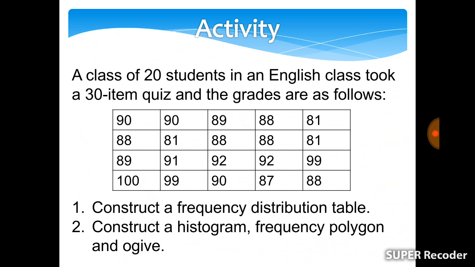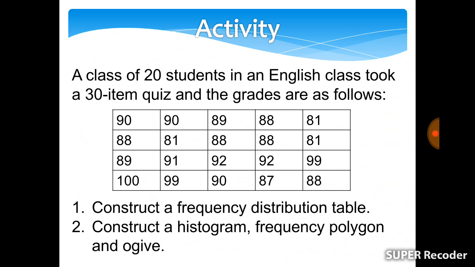For your activity, you can do this on your own. This is just to check your understanding. Here we have a class of 20 students in an English class, a 30-item quiz, and the grades are as follows. This is simple.